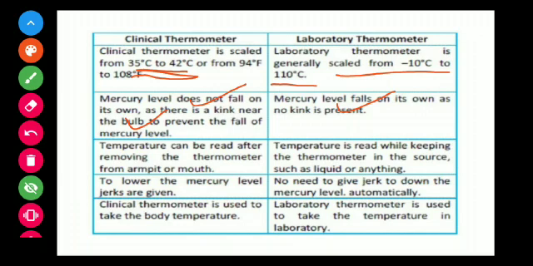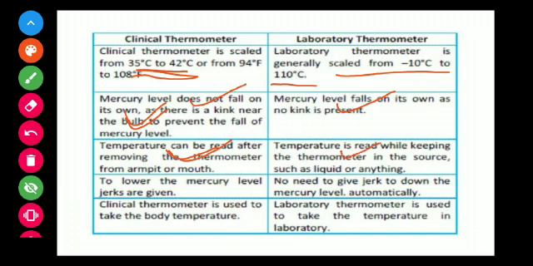Next, the temperature can be read after removing the thermometer from the mouth, because there is a kink in the capillary of the clinical thermometer, and due to the kink there is no fall of temperature. So after removal from the patient, it is easy to read the reading. But in the laboratory thermometer, there is no kink available.